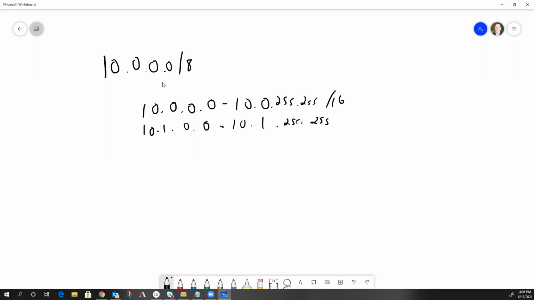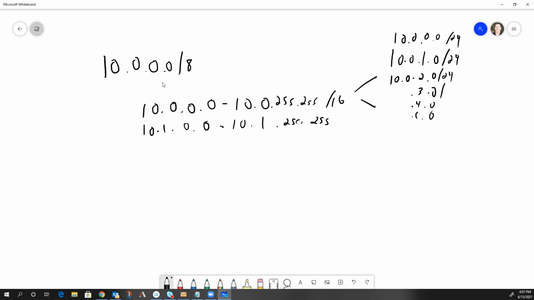Okay, but then you'll notice inside of this, you could break this down and this could all become 10.0.0.0/24, 10.0.1.0/24, 10.0.2.0/24, and it'd be .3, .4, .5, so on and so forth, all the way down.